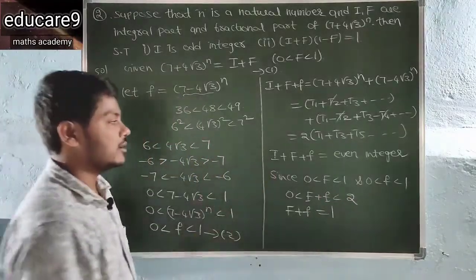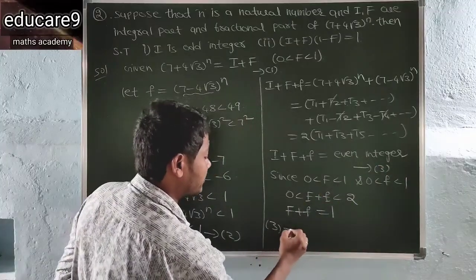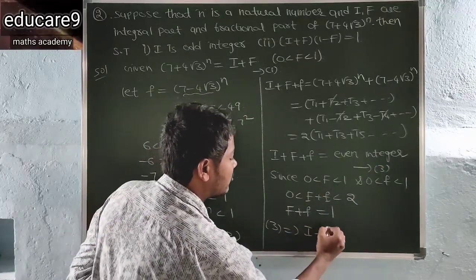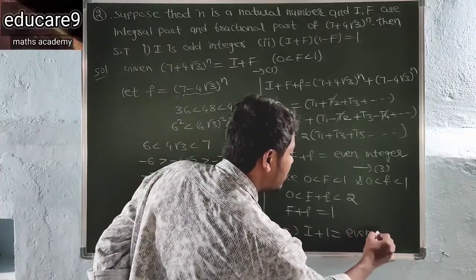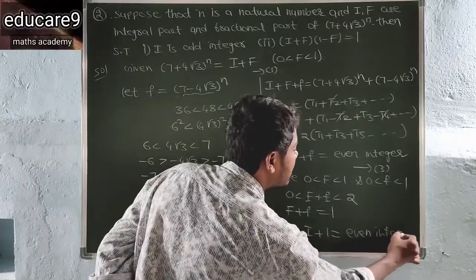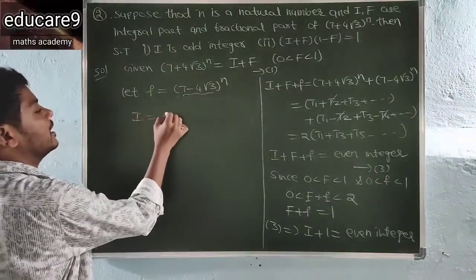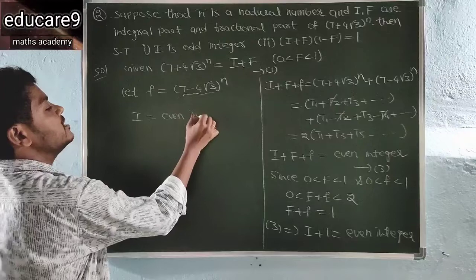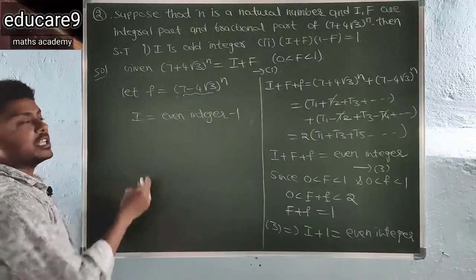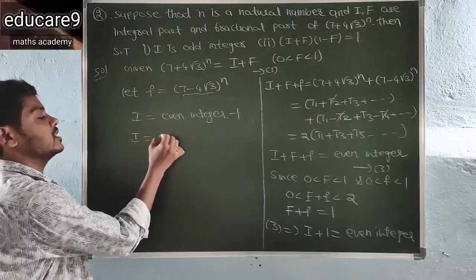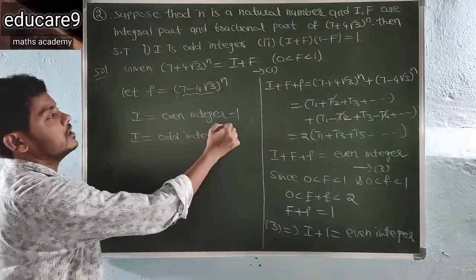Now substitute here. From equation 3, I plus 1 is equal to an even integer. So clearly I is equal to an even integer minus 1, and an even integer minus 1 is an odd integer. Therefore I is an odd integer. So this is the first one.